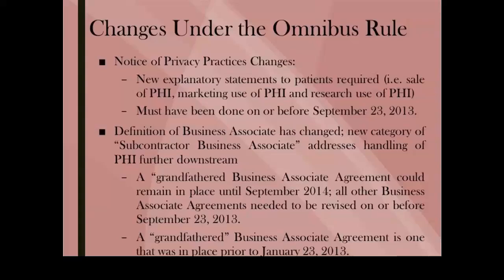No, that's not the case. At this point in time, if you have any business associate addendums that are older than September 23rd of 2013, they do need to be updated. The grandfathering exception expired in September of 2014.